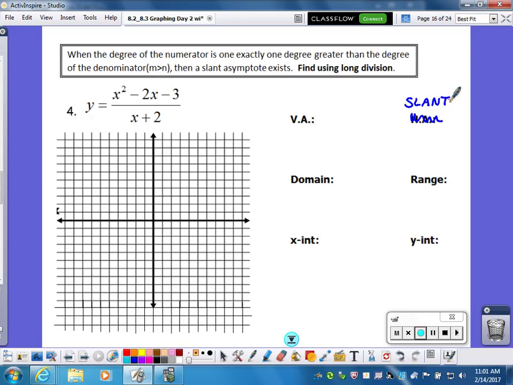The good thing is the vertical asymptote, we still get the same. Where does the denominator equal 0? So at x equals negative 2. So that part doesn't change. But how do we get this slant asymptote?